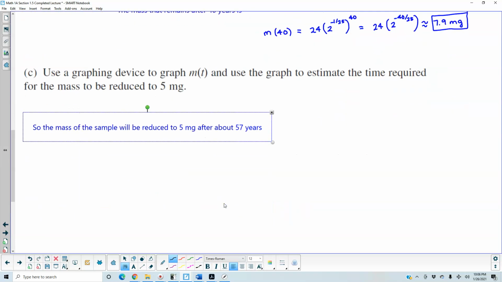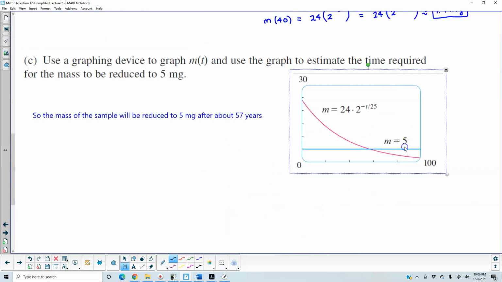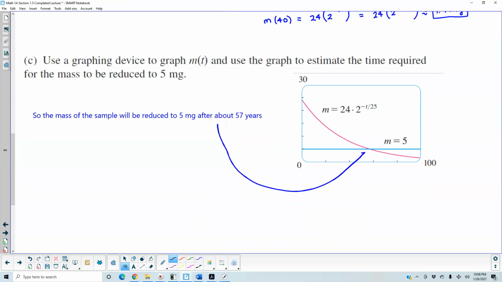And again, let's take a look at what that graph states here. That graph tells us that the intersecting point is at 56.5765, which is approximately 57 years.